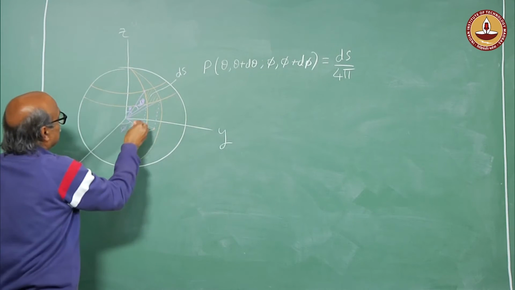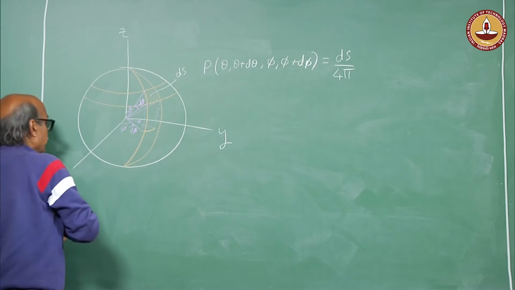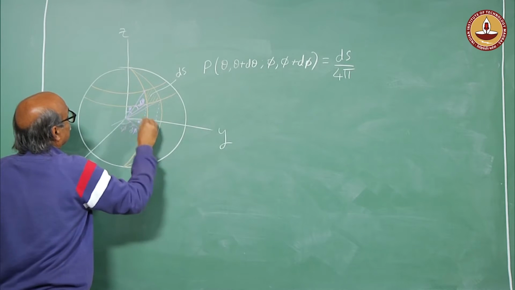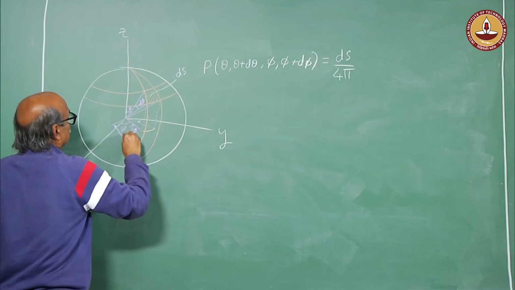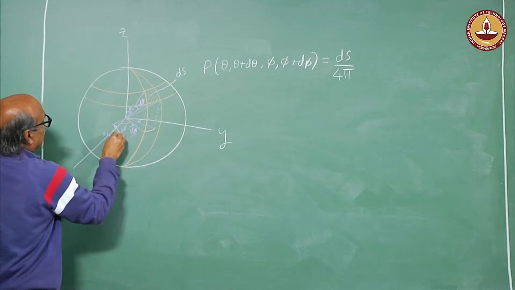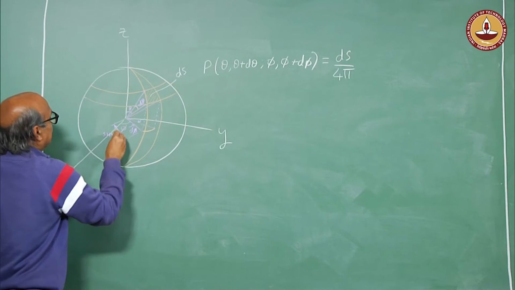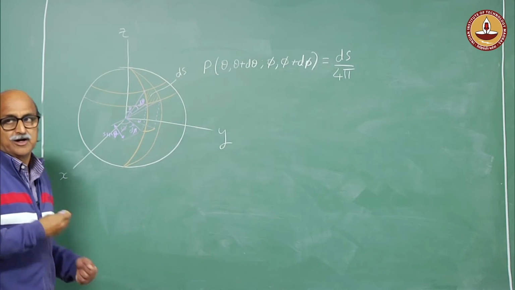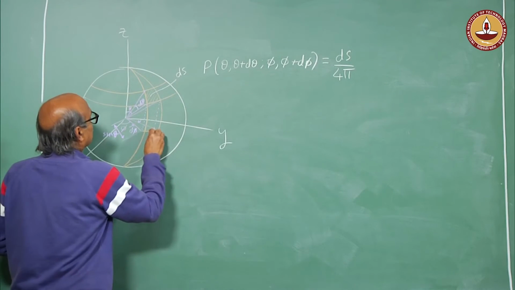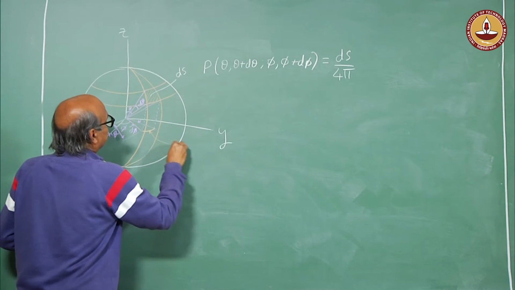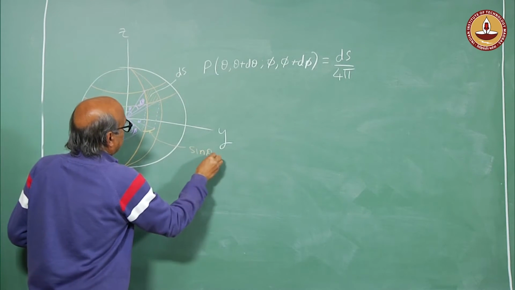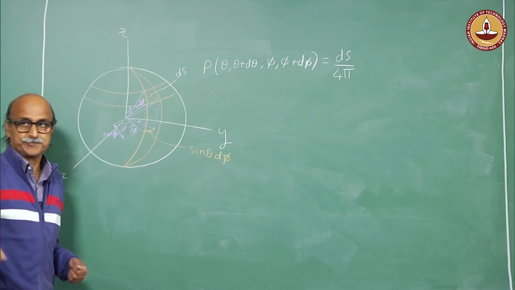Okay. So, I can write this length as simply r sin theta d phi. So, this will become sin theta. As a result, this length would become sin theta d phi.